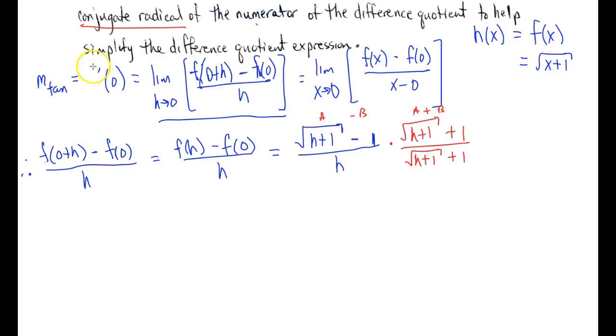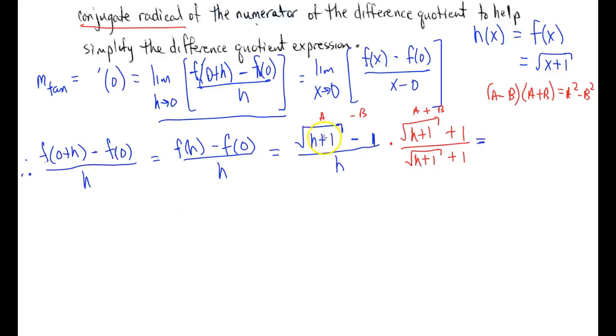And of course, a minus b times a plus b is just a squared minus b squared. And so because of that, that makes dealing with the numerator much easier to do, because we know we're going to lose these square root signs. So let's go ahead and do that now.